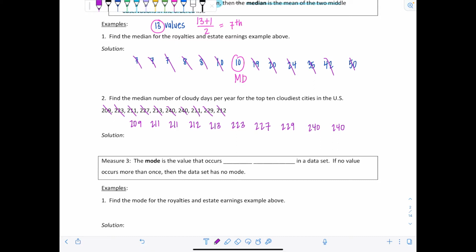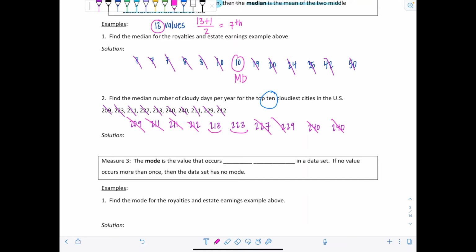So they told me in the directions there's 10 cities, so that's an even number. So I already know the median is going to be the average of the 5th and 6th values in the set. So 1, 2, 3, 4, 5, and 6. I'm going to have to average these two. Since there's an even number of values, we don't have one that is smack dab in the middle.